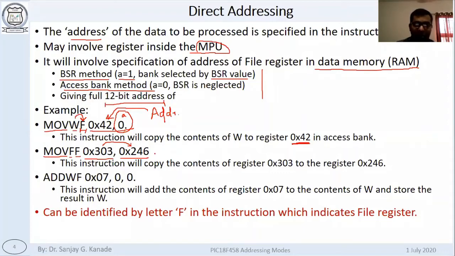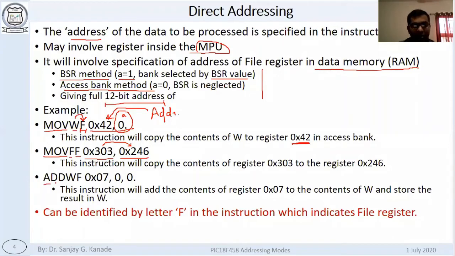In this instruction also, we have specified the address directly in the instruction. We have not specified the data. Remember, we don't know the value at 303 or at 246. These are addresses, and addresses are specified in the instruction directly. That's why it is called direct addressing mode.